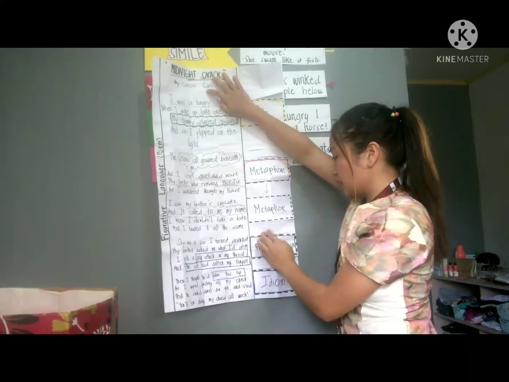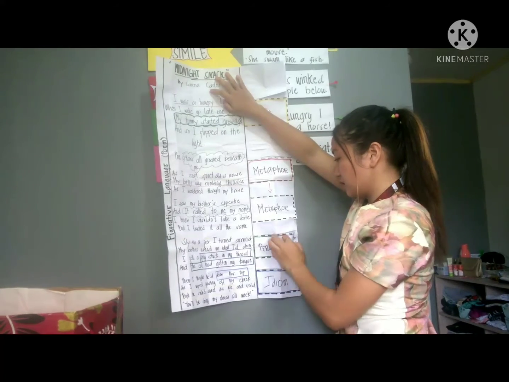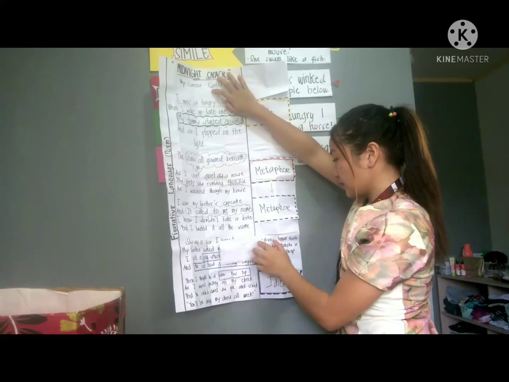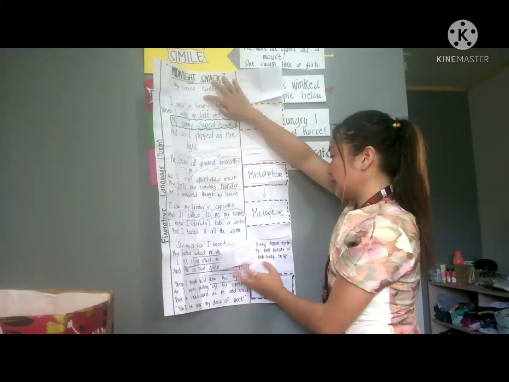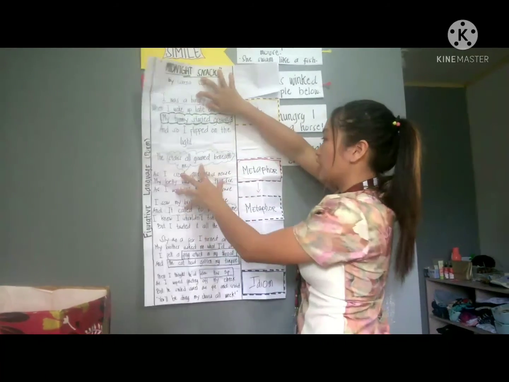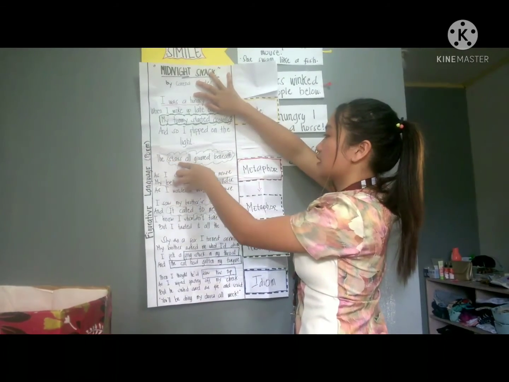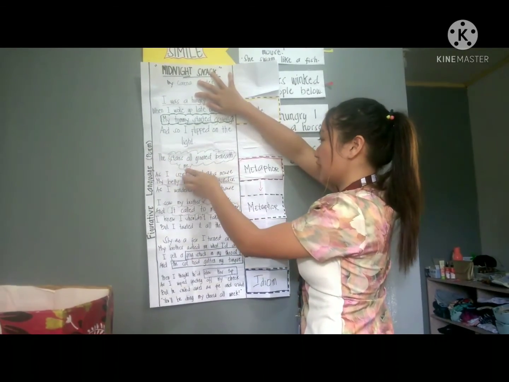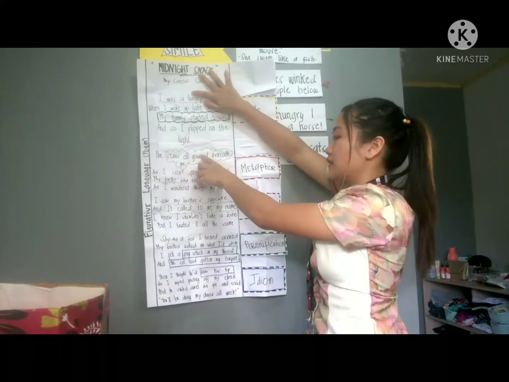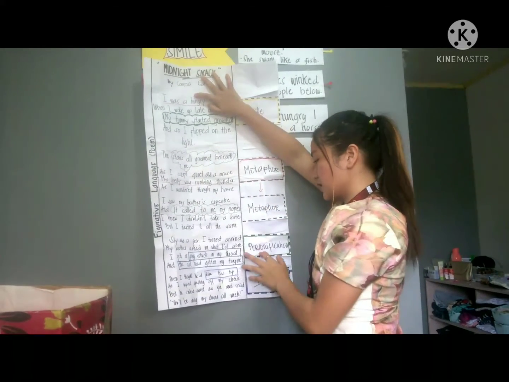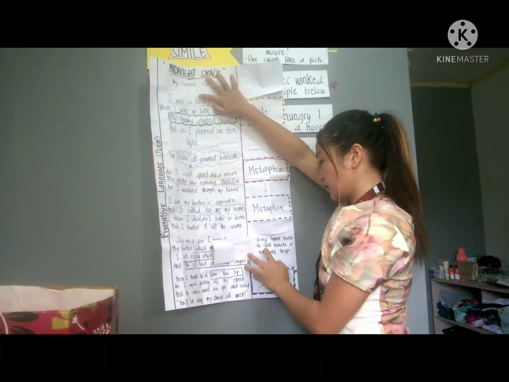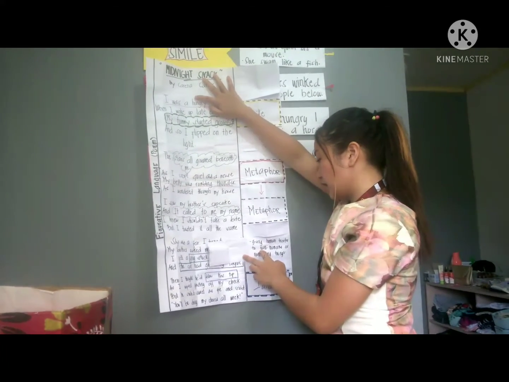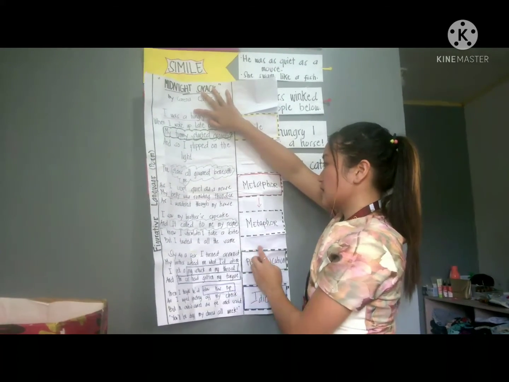It belongs to personification because it gives human traits to non-humans or non-living things. Another one, we have "stairs all groaned beneath me." This is also an example of personification, giving human traits to non-humans or non-living things.